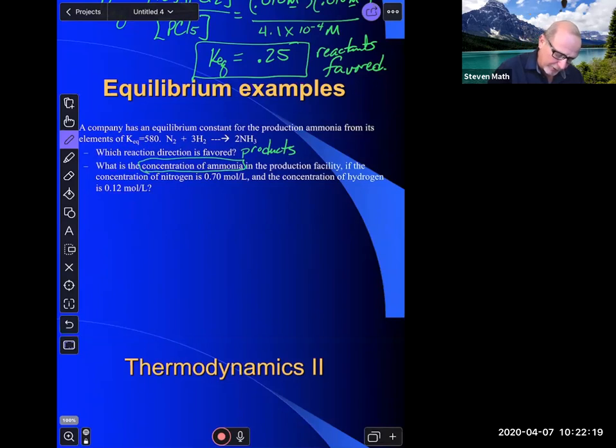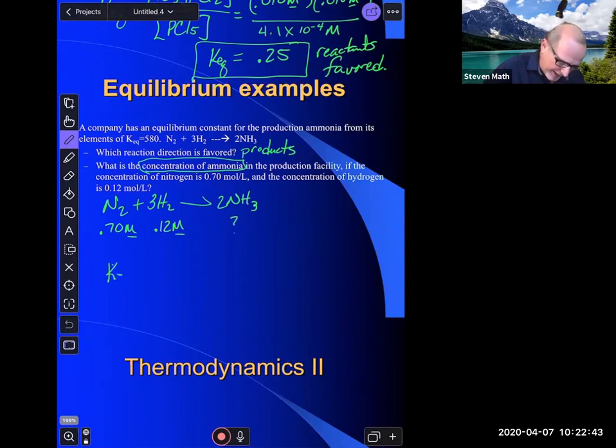Now what it wants to know is, what's the concentration of ammonia? So here's what I'm going to do. I'm going to rewrite this down here. N2 plus 3 H2s gives me 2 NH3s. It says the concentration of nitrogen is 0.70 molar. The concentration of hydrogen is 0.12 molar. NH3 is what we're looking for.